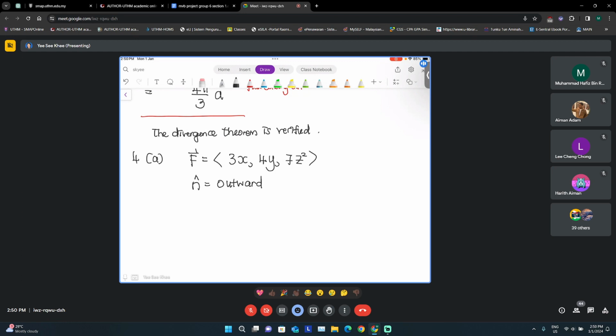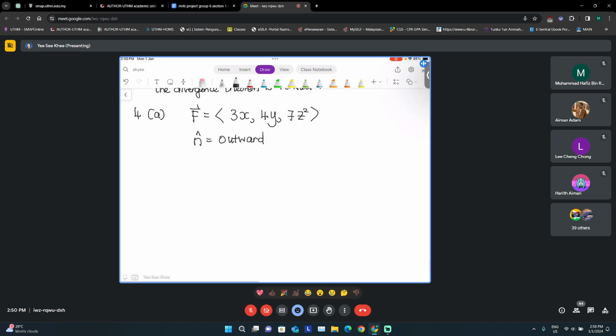So G is a solid bounded by the surface and the plane z equals a. So you have two surfaces. One is this one, 4x squared plus 4y squared, and then you have this one.